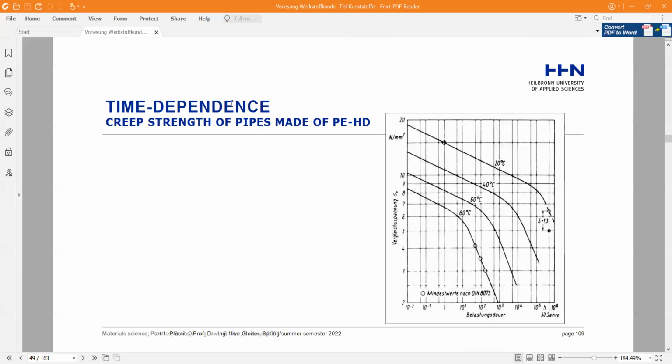Time dependence of grip strengths of pipes made of polyethylene.